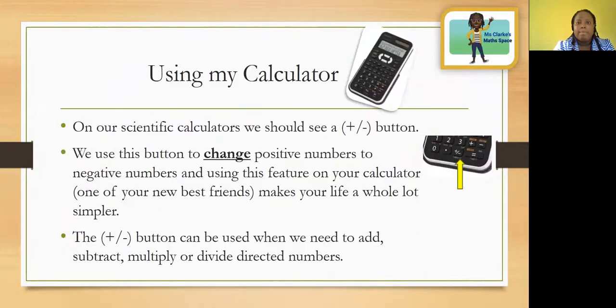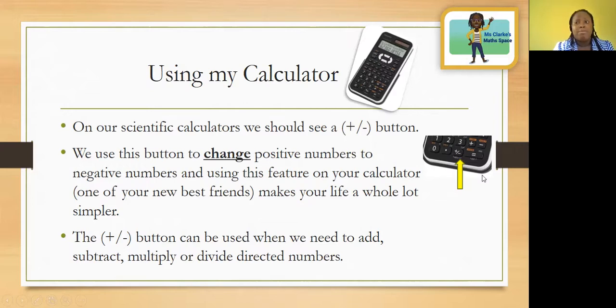All right. So as I was saying, we'll be using our calculators. So make sure that you have your calculators handy. All right. On our scientific calculators, we should be able to see the plus or minus button. So you see that I put a little yellow arrow here indicating where it will be on the calculator. So this is a full calculator. At the bottom and middle bottom, you would see a plus or minus sign.